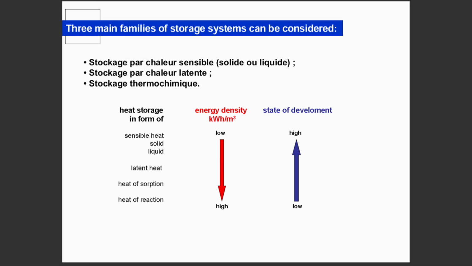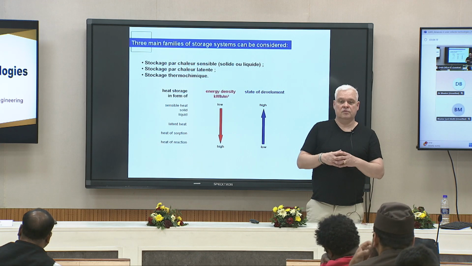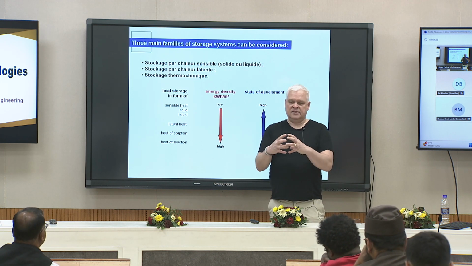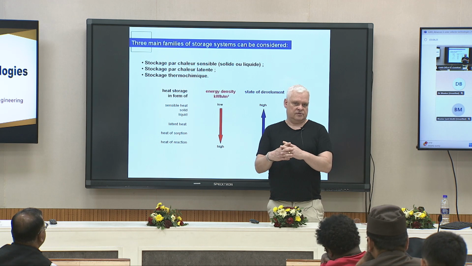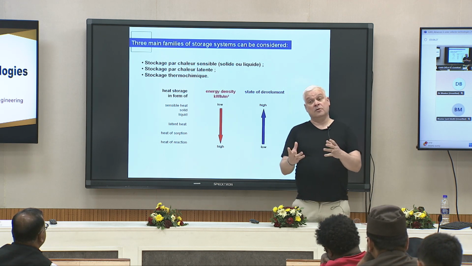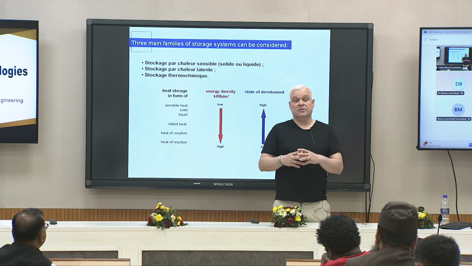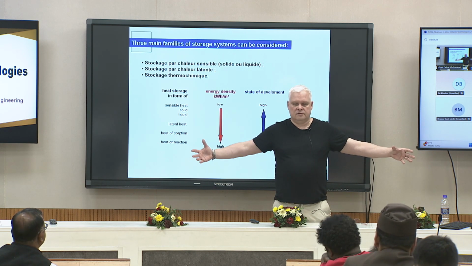The advantage between each technology is the density, okay? And it's interesting because if you increase the density of storage, that means that you decrease the volume of storage, okay? So if you want a long-term thermal storage, with sensible heat it will be enormous.